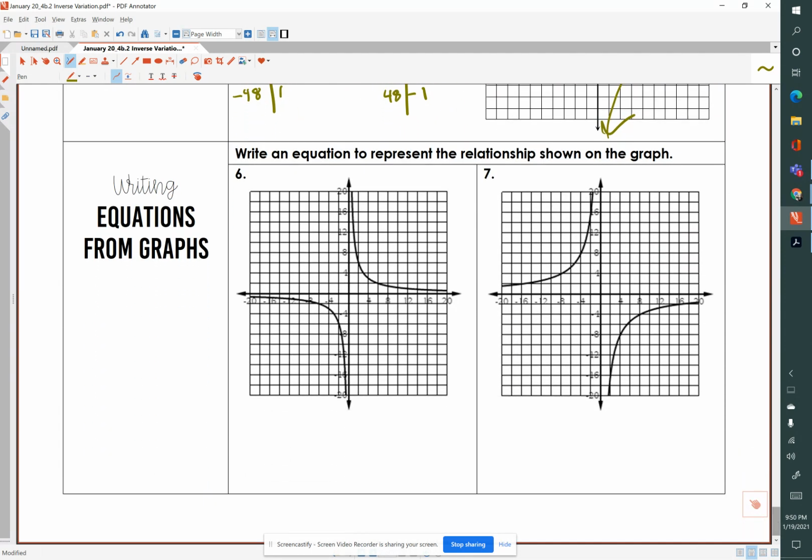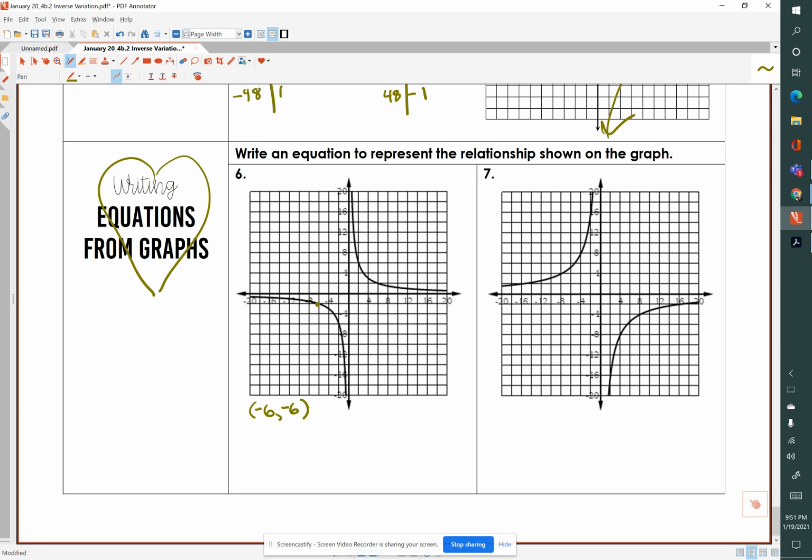We're asked to write an inverse equation to represent the relationship shown on the graph. So we're writing the equation from the graph this time. So all we need to do is look at a couple of points and plot them. And if I look at this carefully, I do see negative 6, negative 2 is a point.